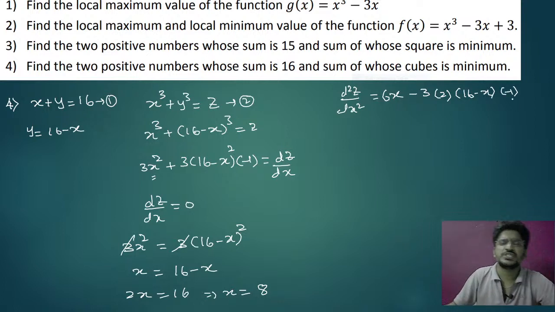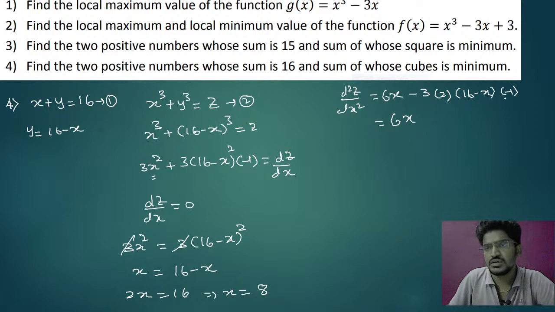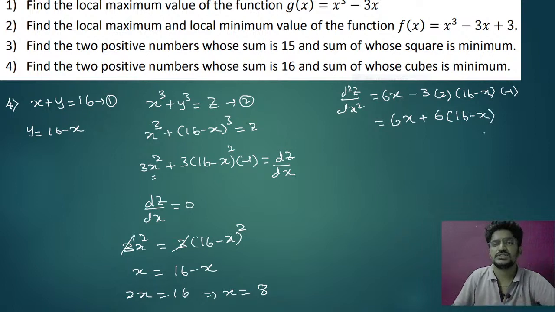So that will be 6x, minus into minus will be plus 6 times (16 minus x). This is your double derivative.